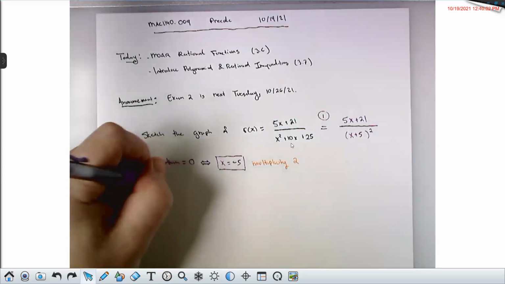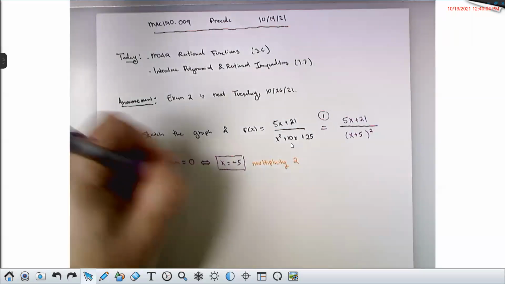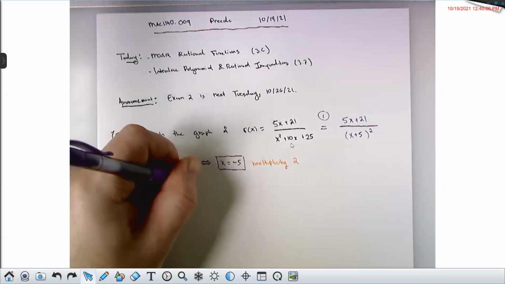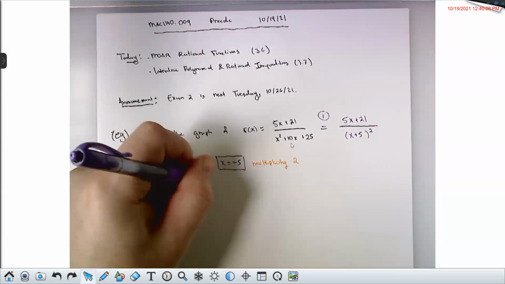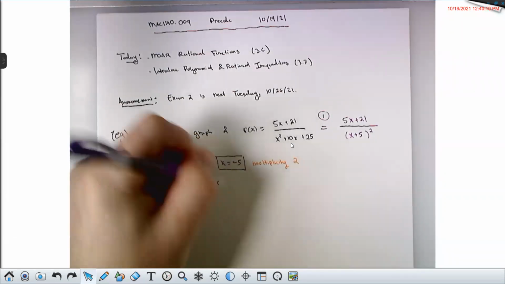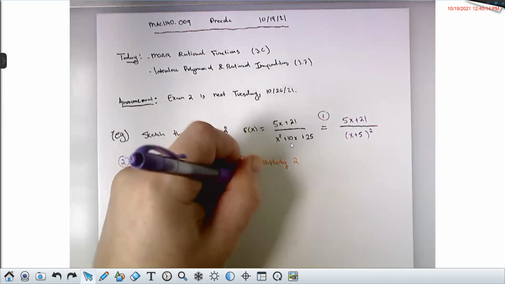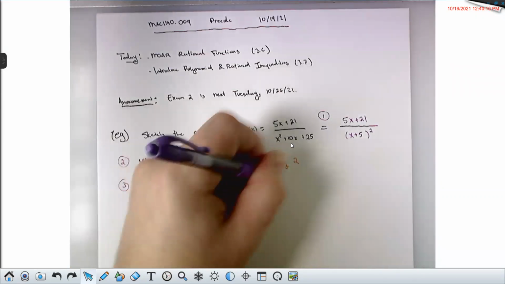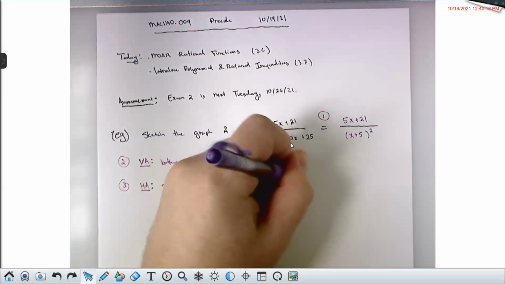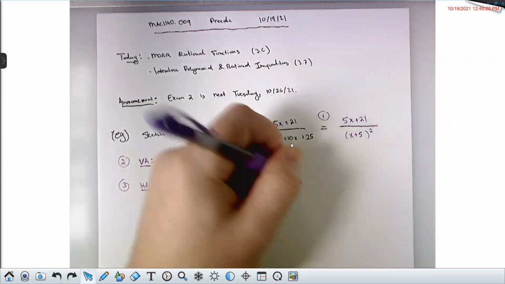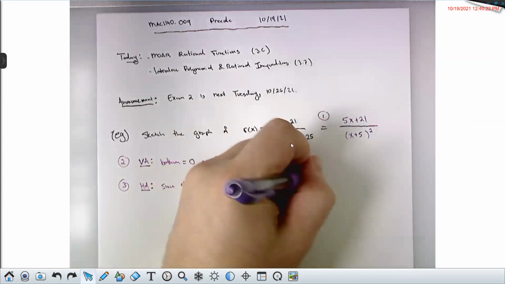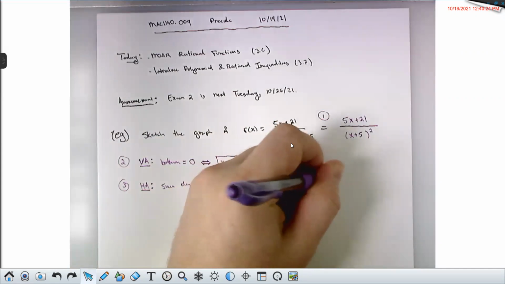So since the degree of the top is less than the degree of the bottom, the horizontal asymptote is what? 0. Very good. It's the line y equals 0.